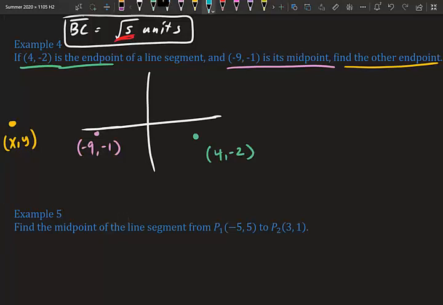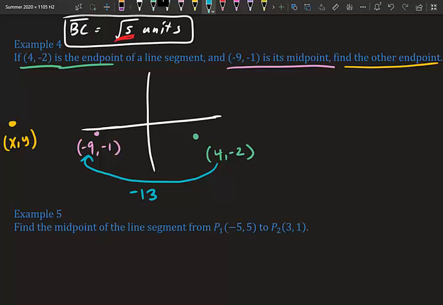From 4 to -9, using my fingers, I'm going to count. So 4 to 3, 2, 1, 0, -1, -2, -3, -4, -5, -6, -7, -8, -9. I counted 13 on my fingers. So that's -13 to get to the midpoint.